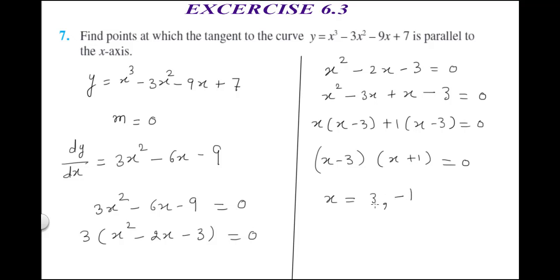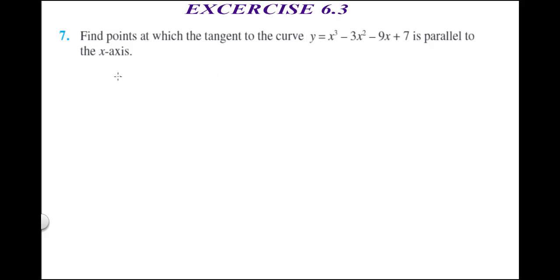Using the values of x, we are going to find the points on the curve. So we will place x in the equation of curve. The equation of curve is this. The values of x are 3 and minus 1.